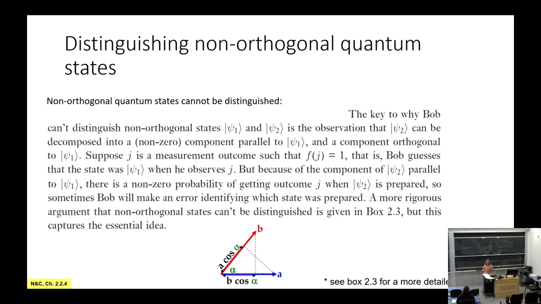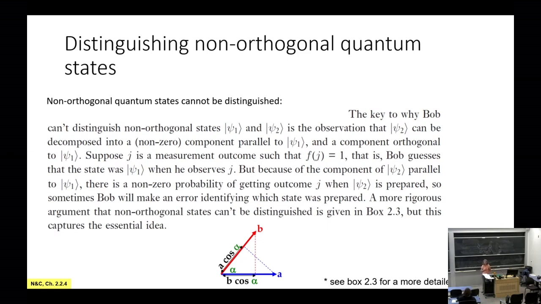The key to why Bob can't distinguish these non-orthogonal states is the observation that the second state, let's call it psi 2, can be decomposed into a non-zero component that's parallel to psi 1 and a component that's orthogonal to psi 1.